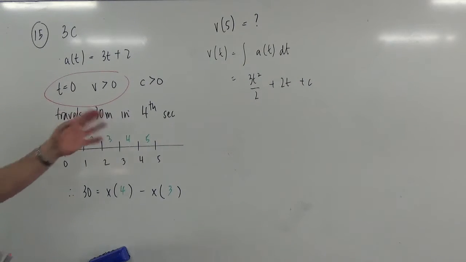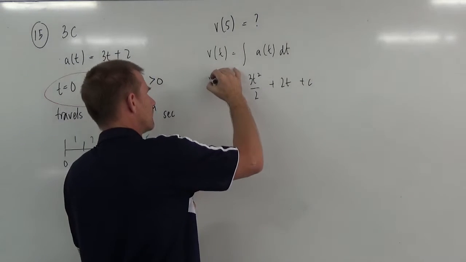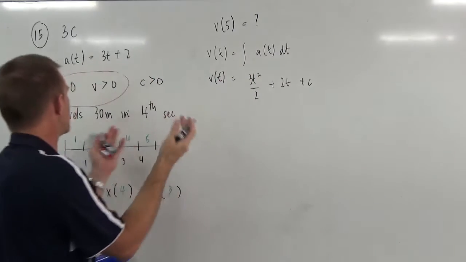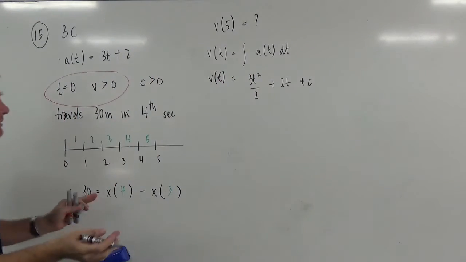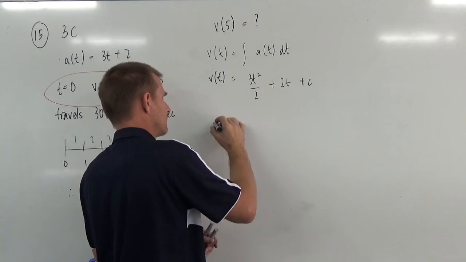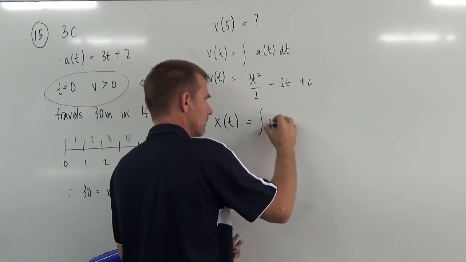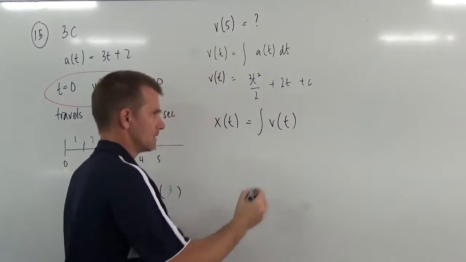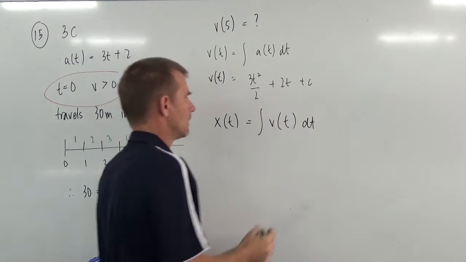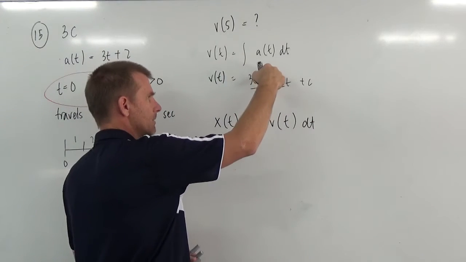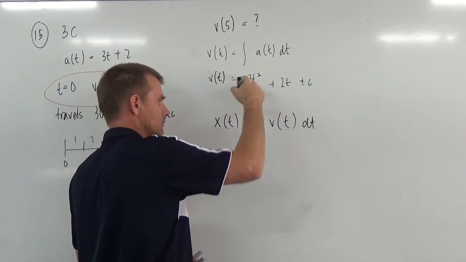Okay? Let's integrate again. Okay, so we've got velocity here. We don't really have any information I can input. So let's integrate again. x of t is going to be the integral of v of t dt. Now, integrating this one, raise the power by 1, divide. It's going to cancel that 3.